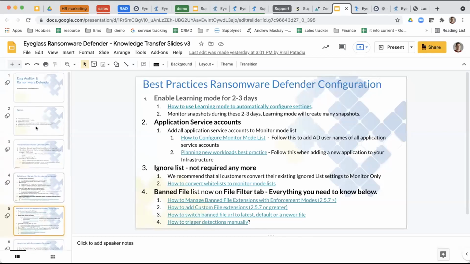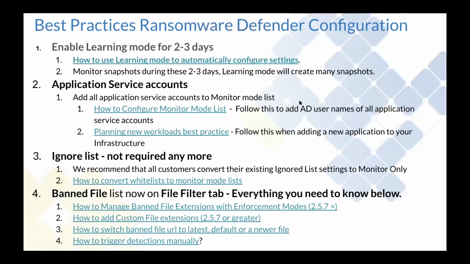All right, so this release is release 257. We made a lot of changes, all of them aimed at automation and simplifying, but we get a lot of questions on how best to monitor and configure.